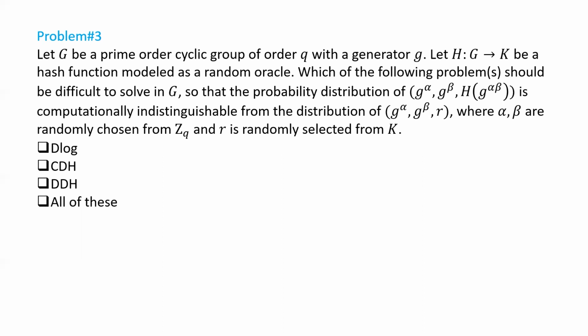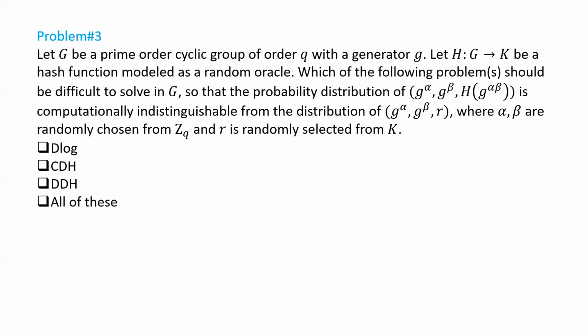Also, in case of CDH, if we assume that CDH is easy, then seeing g to the power alpha and g to the power beta, it is easy to compute g to the power alpha beta, right? And once g to the power alpha beta is computed, h of g to the power alpha beta is also computed easily. In that case, again, we exactly know the third element, so it is not indistinguishable anymore from any uniform random element R. But in case of DDH, you cannot say something like that, because DDH just says that g to the power alpha beta is indistinguishable from any uniform random element of the group.